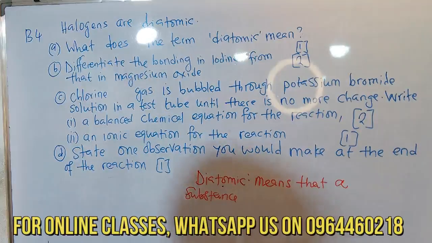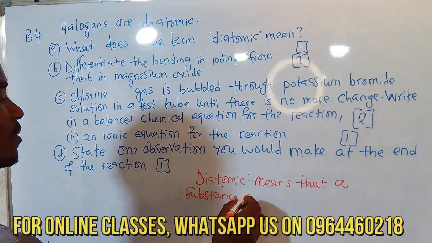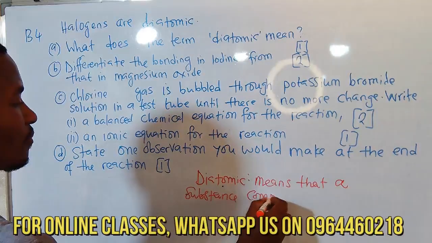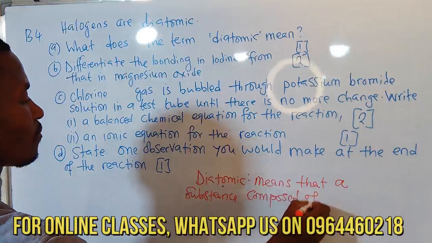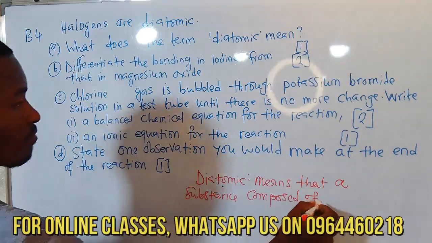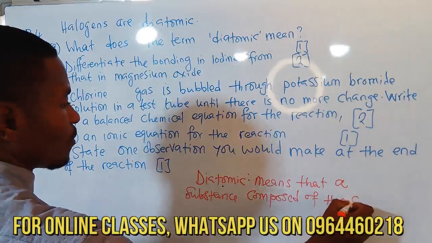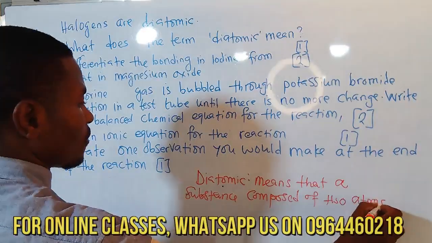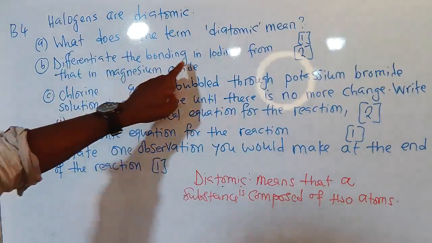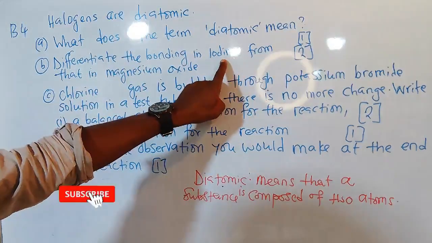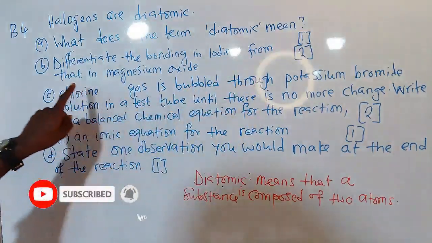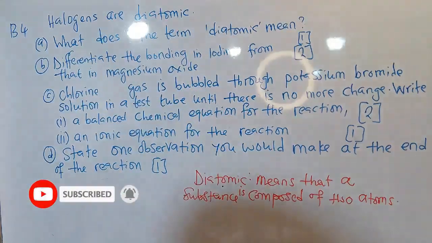It means molecules or a substance composed of two atoms. Differentiate the bonding in iodine from that in magnesium oxide.